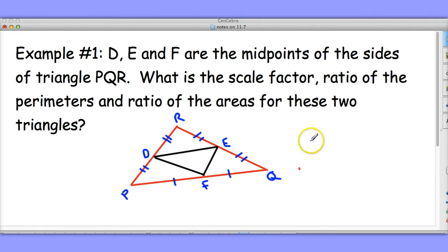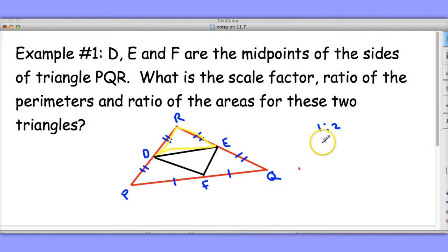So the scale factor is 1 to 2. Because if you think about it, we've got similar triangles here. And we know that DE is half as long as PQ, and RE is half of RQ, and RD is half of RP. So we know that the scale factor is 1 to 2.